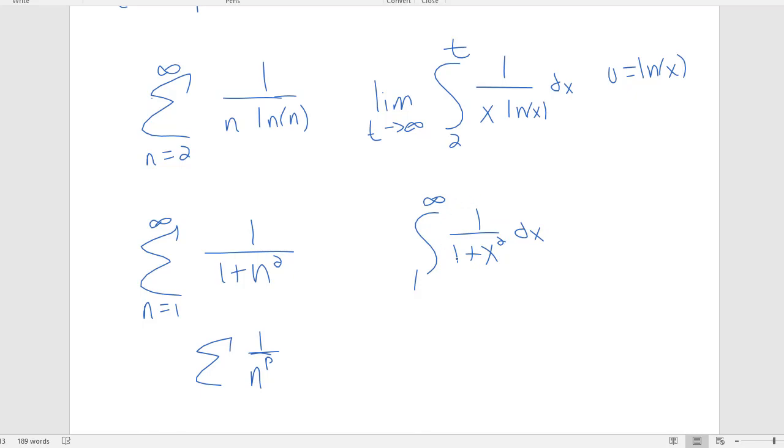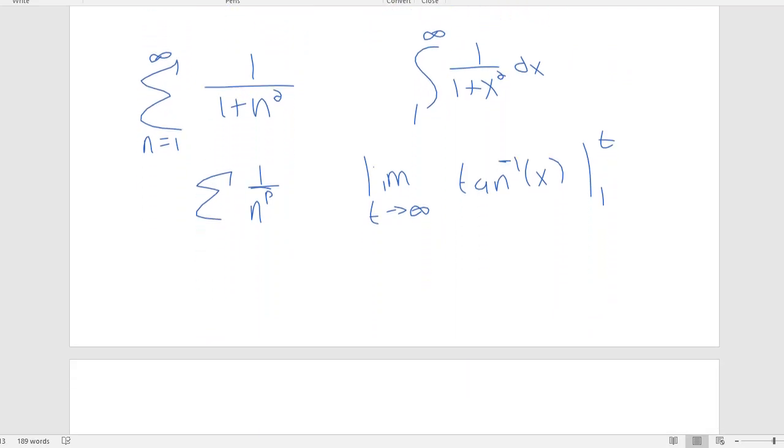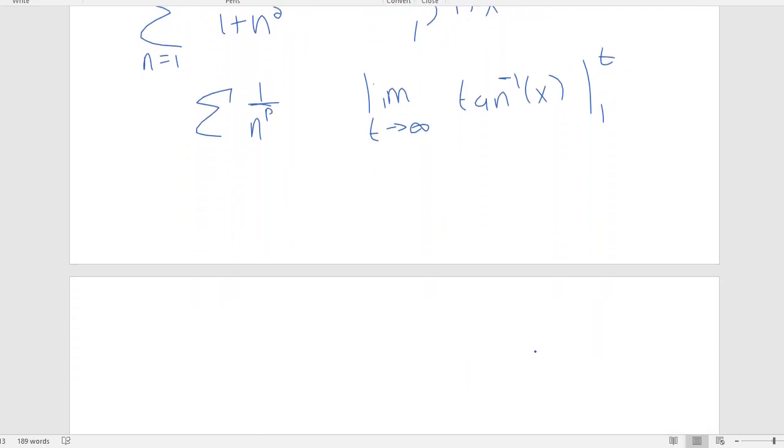Remember, the antiderivative of 1 over 1 plus x squared is inverse tangent of x. So I would be evaluating that antiderivative and letting t go to infinity. Just to finish this example, because it's easy to forget how this function behaves: remember, the graph of inverse tangent looks something like this, where we have pi over 2 as a horizontal asymptote and negative pi over 2 as a horizontal asymptote.